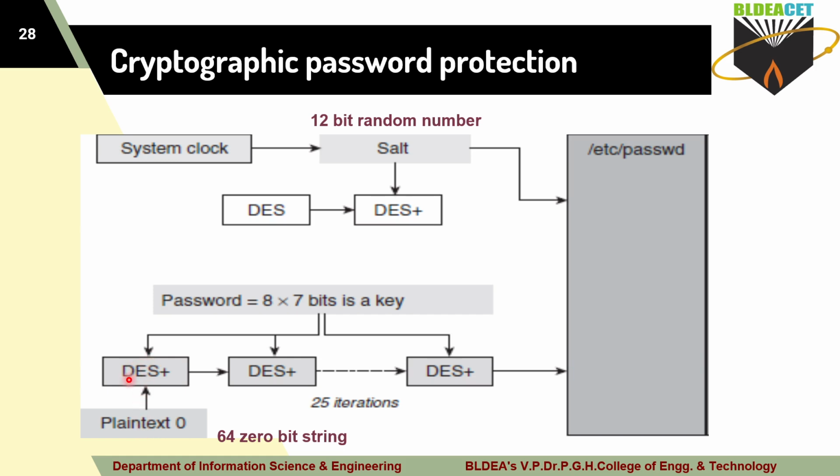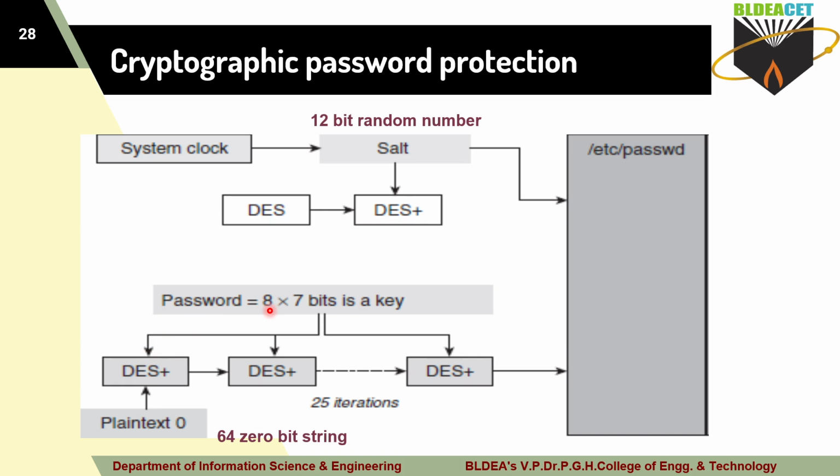For that plain text you generate the ciphertext. For generating that ciphertext you use DES plus, the updation of the DES algorithm. For this you require a key, and the password is the key: 8 ASCII characters.